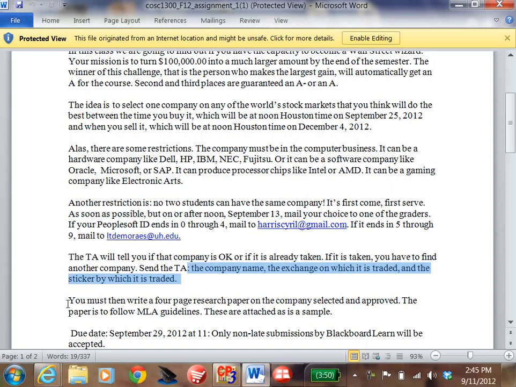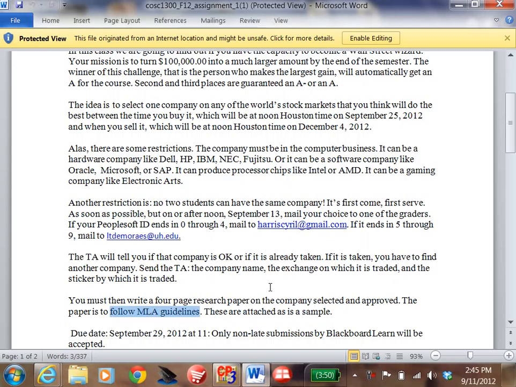Okay. You must then write a four-page research paper on the company selected and approved by the TA. The paper is to follow MLA guidelines. Well, there are different guidelines for research papers.